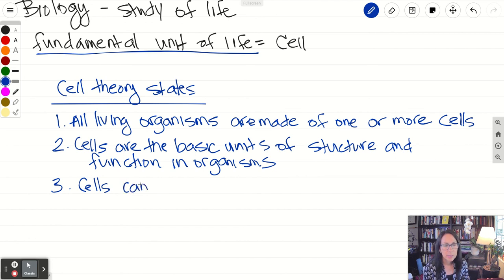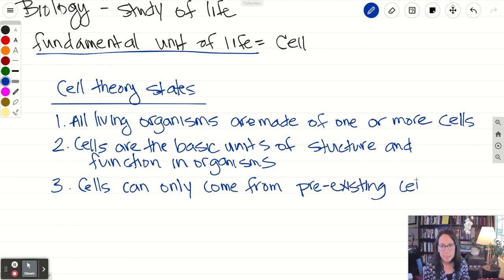Cells can only come from pre-existing cells. So what that means is that a living organism cannot be just made out of thin air. They don't come out of nowhere.